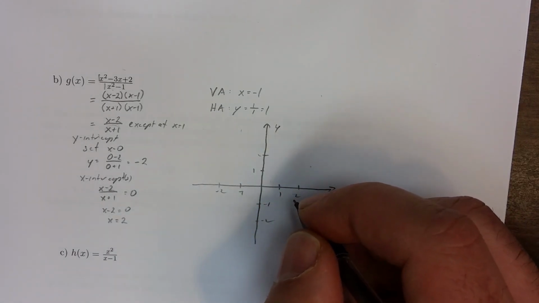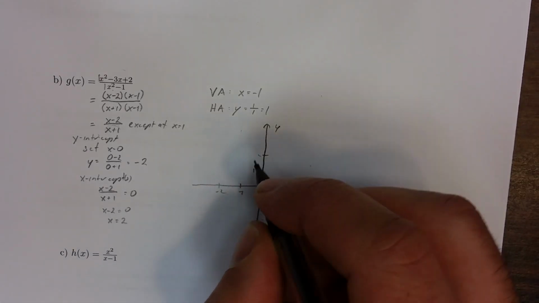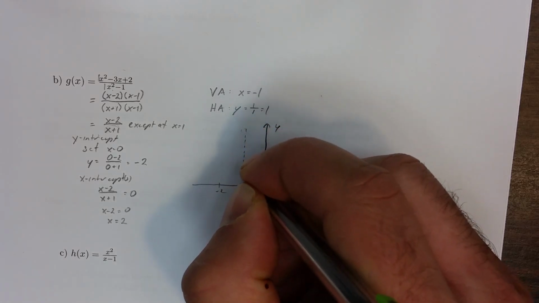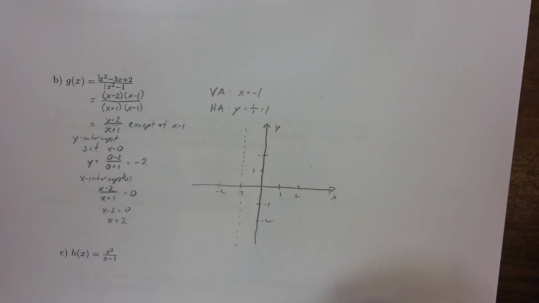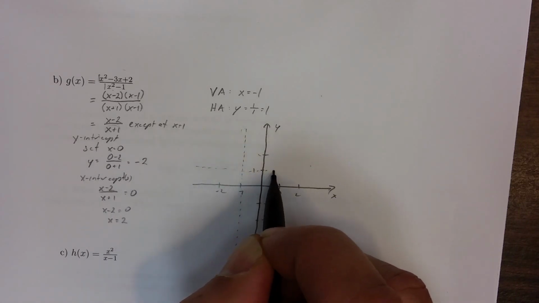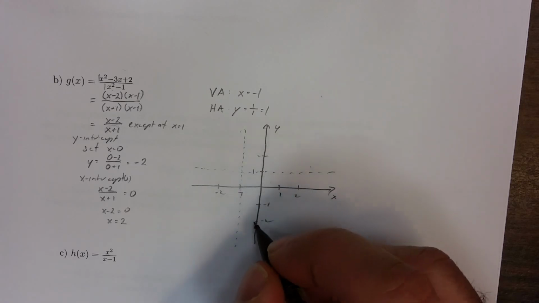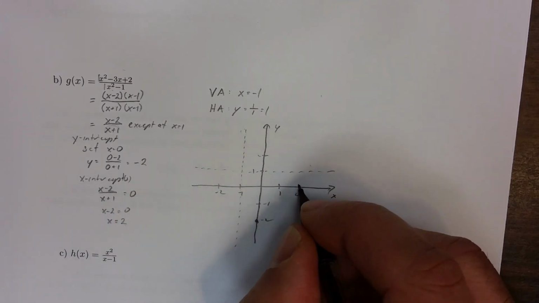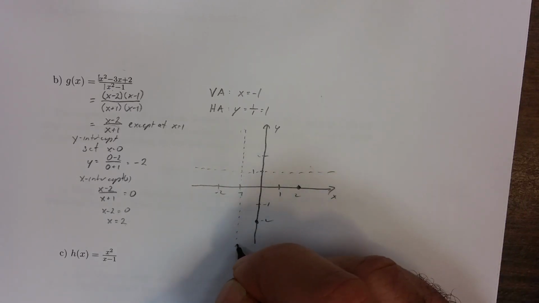And we have a vertical asymptote at x equals minus 1. We have a horizontal asymptote at y equals 1. We cross the y-axis at minus 2, so it goes through that point. We cross the x-axis at x equals 2, it goes through that point. We approach this line asymptotically and this line asymptotically.